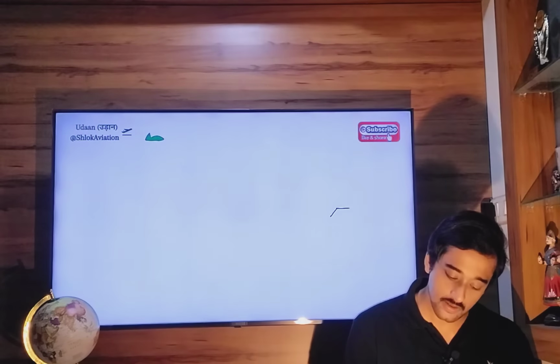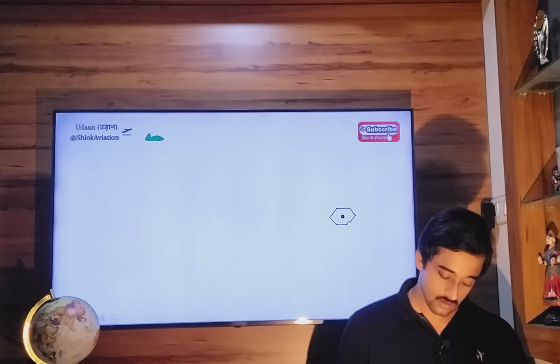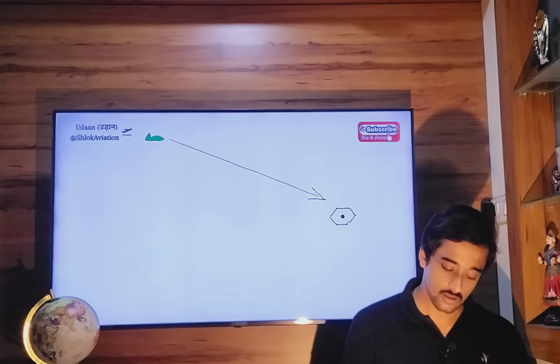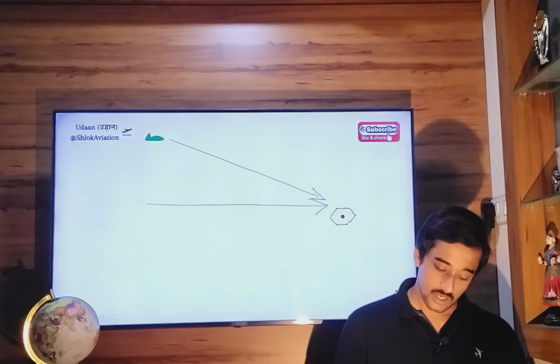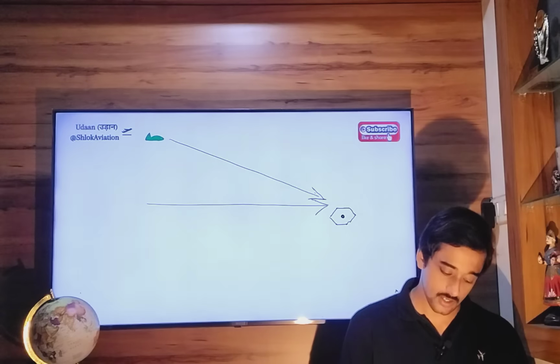This is your VOR station. Now you are at a distance of 100 nautical miles from this VOR station.